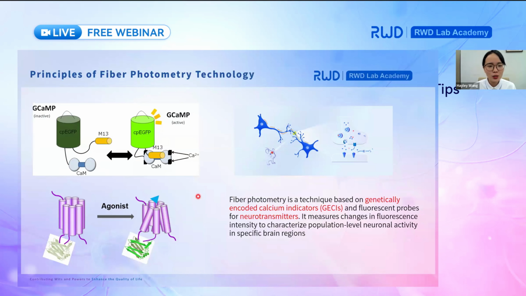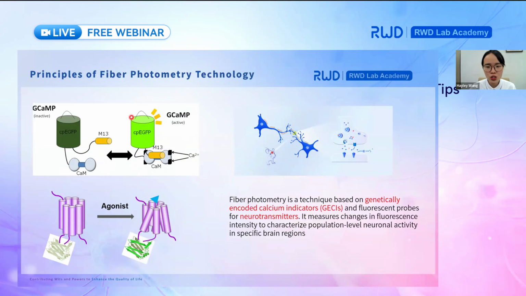So first, let us briefly look at the basic principle of fiber photometry. Fiber photometry records brain activity by measuring fluorescence changes through an implanted optic fiber. When the neurons are active, calcium ions enter the cells and the calcium indicators become brighter.